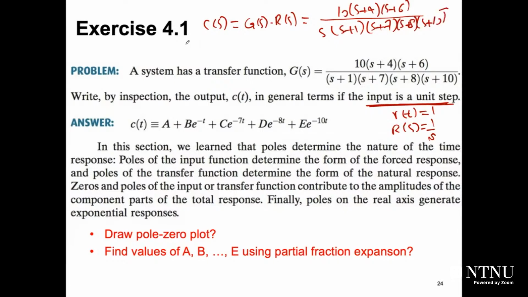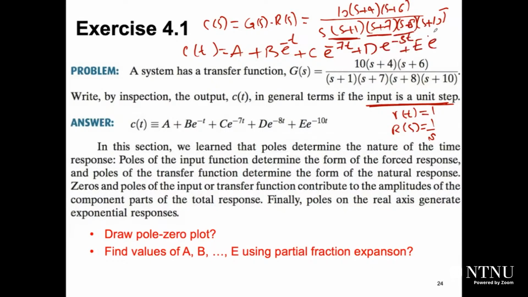By inspection, c(t) will be coefficients multiplied by exponentials. So in the time domain, it will be a constant, called A for example, plus B exponential minus t, plus C exponential minus 7t, plus D exponential minus 8t, plus E exponential minus 10t, by inspection, right?